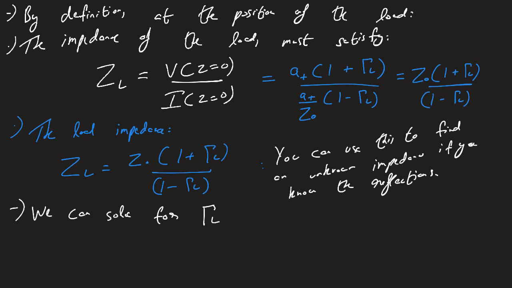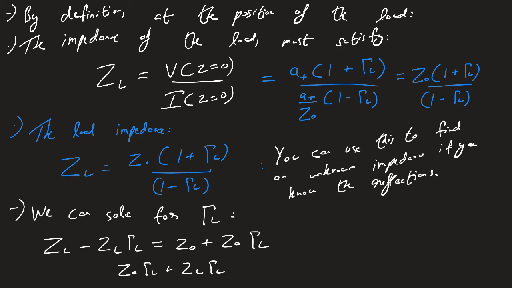We can solve for ZL, we can solve for gamma L. If you multiply both sides, ZL minus ZL gamma L becomes equal to Z naught plus Z naught times gamma L. If you just rearrange terms, Z naught gamma L plus ZL gamma L becomes equal to ZL minus Z naught.